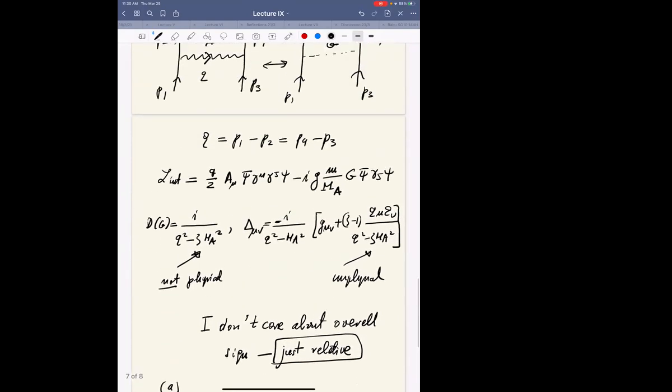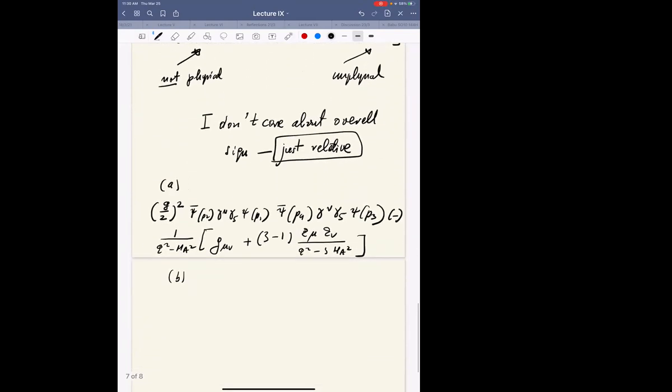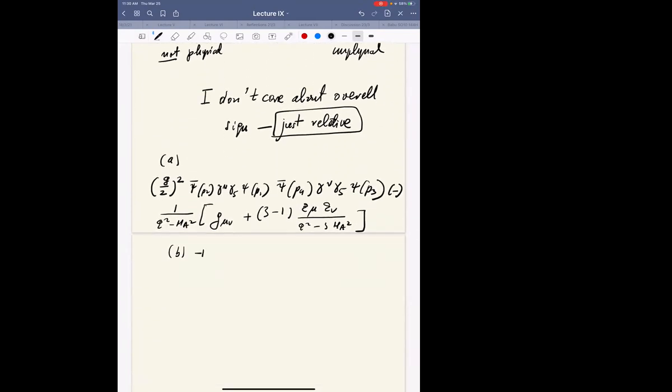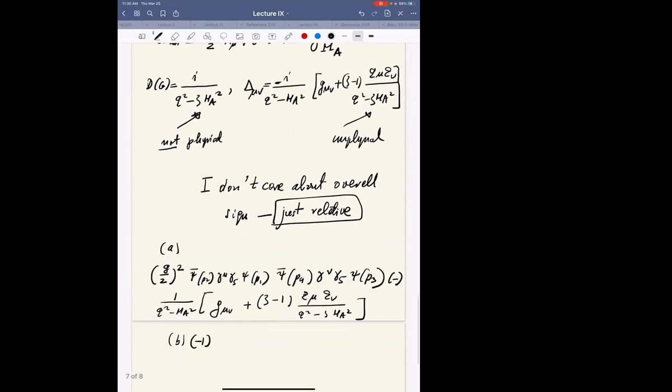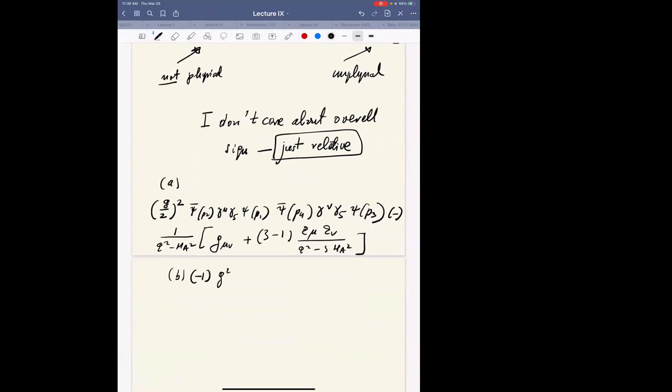The B piece, there is a relative i sign. So there is a minus sign from the interaction because of i twice. And then there is g squared, m squared, the fermion mass over M_A squared. Agree? And then I have psi bar. There is no gamma mu, so I don't have to worry about the momenta. Let me be pedagogical.